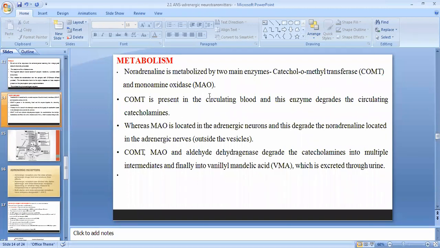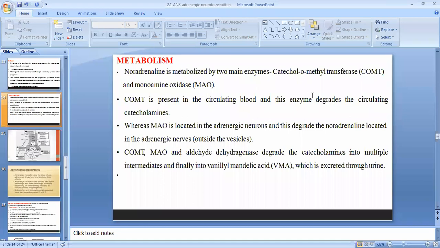Catechol O-methyl transferase is present in the circulating blood, and this enzyme degrades the circulating catecholamines, no doubt we have released these catecholamines in the systemic circulation. Whereas monoamine oxidase is located in the adrenergic neuron, and this degrades the noradrenaline which is located in the adrenergic nerve.